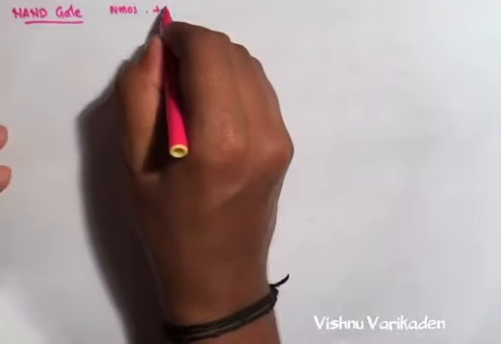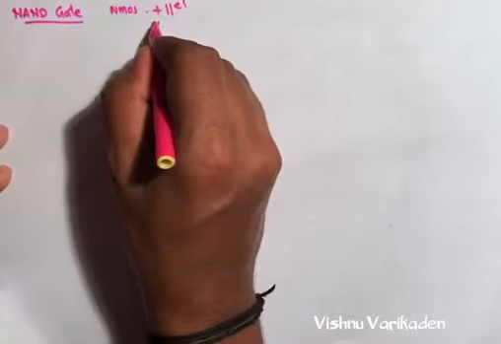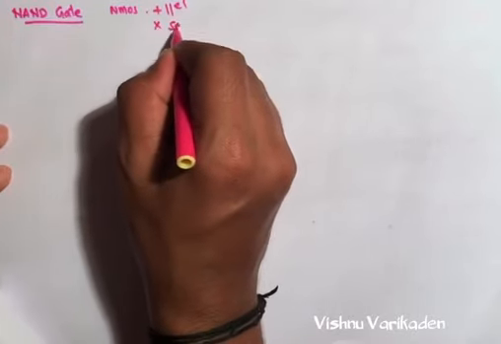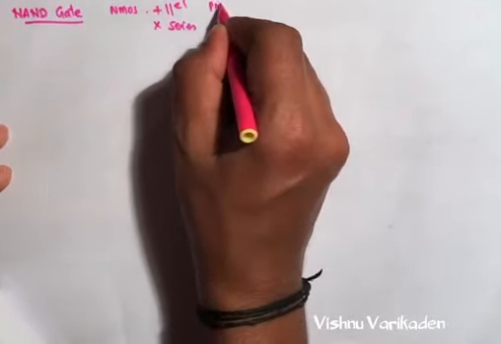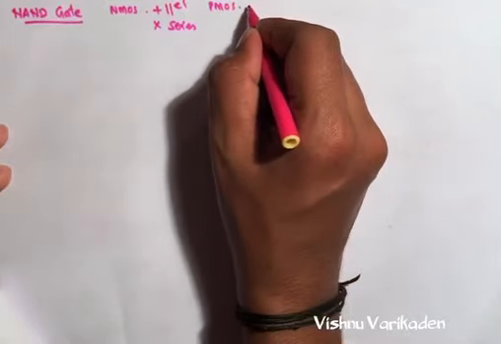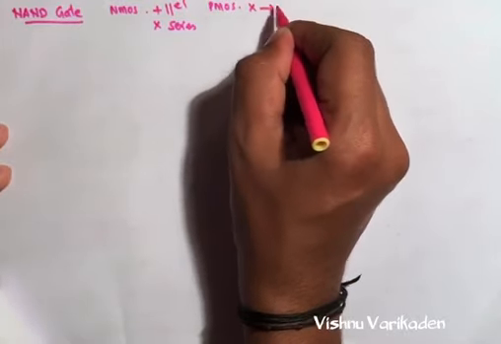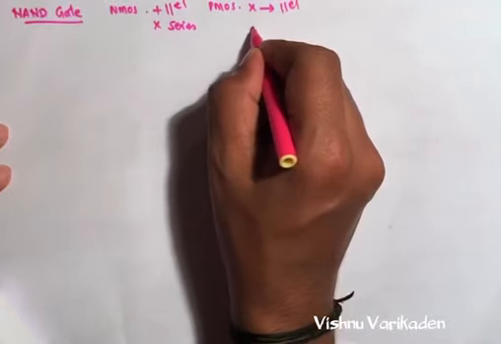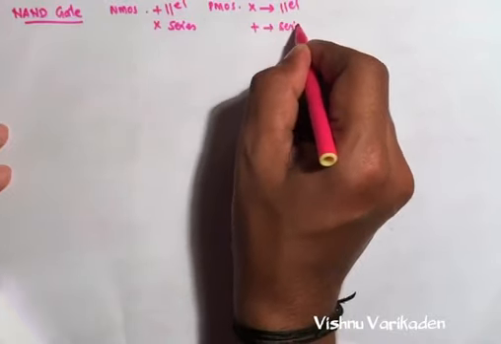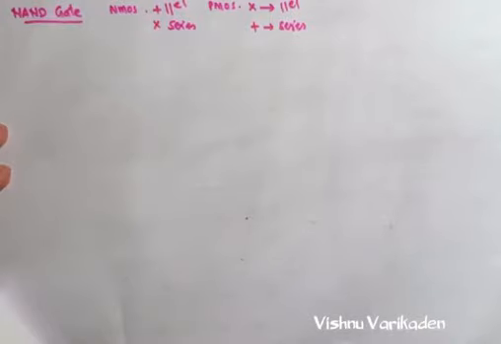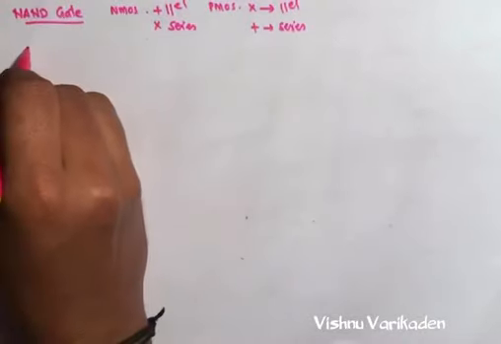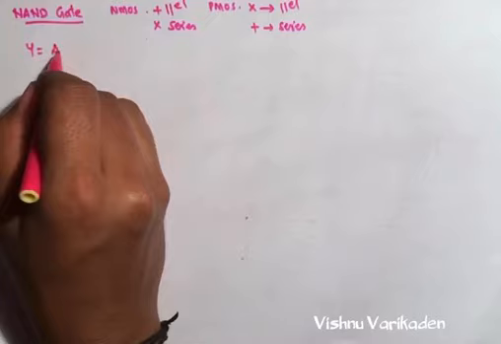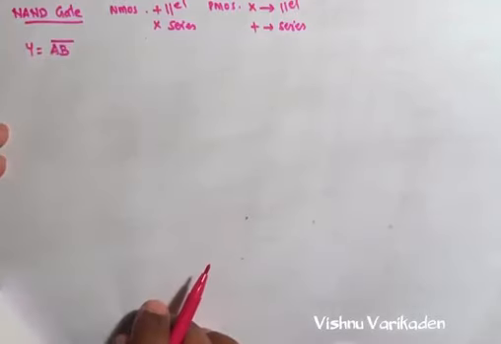So for NMOS, plus happens, that is parallel. Multiplication happens, that is series. PMOS is just opposite to the NMOS. Multiplication happens, that is parallel. Plus happens for the series. So we can write the NAND gate: Y is equal to AB the whole bar.